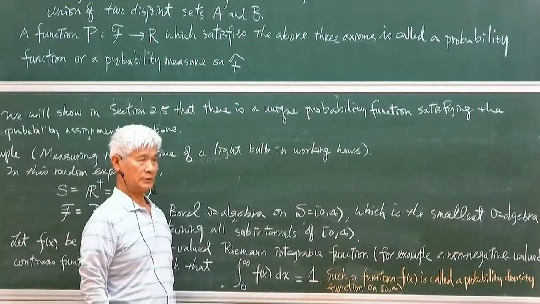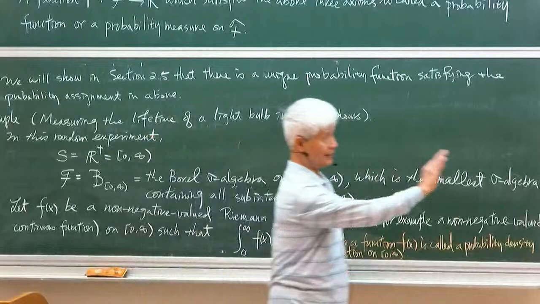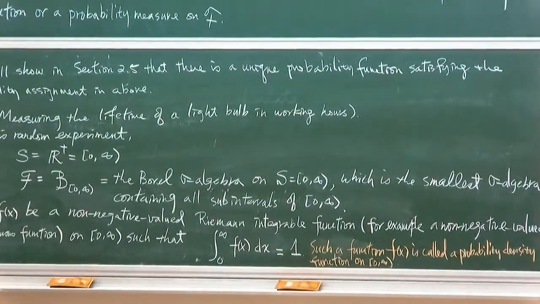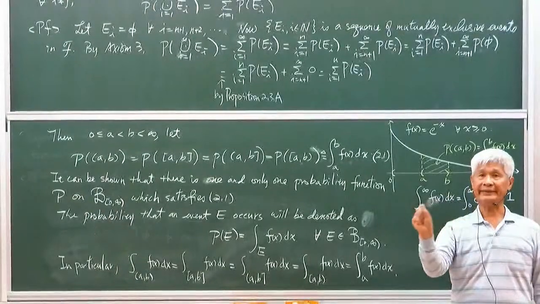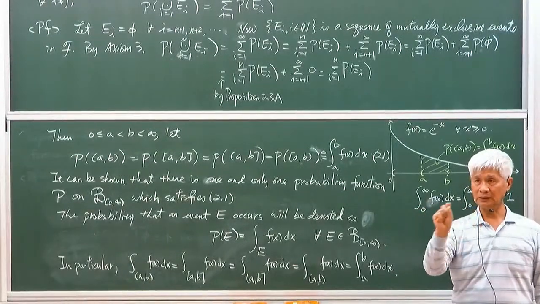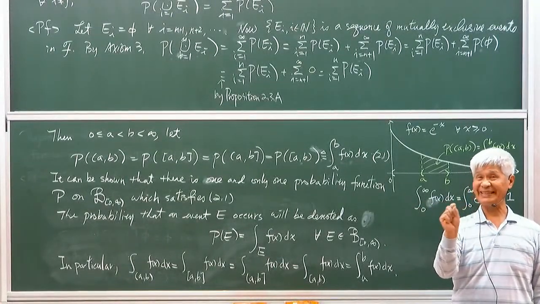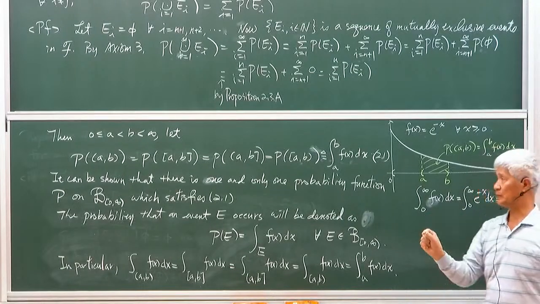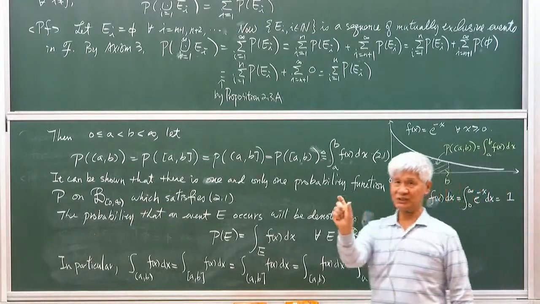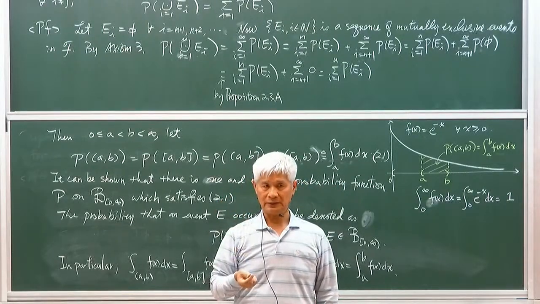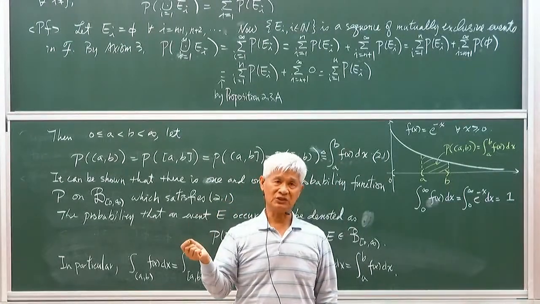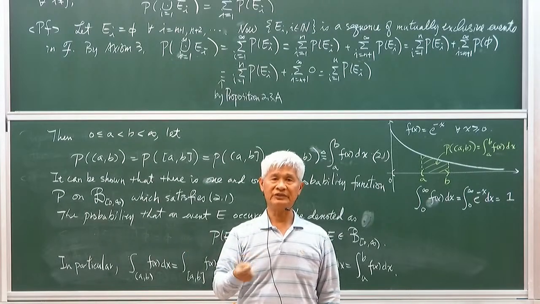It's called the probability density function because it's just like a density. You have to integrate over the density function to give you the probability. Just like the mass density function, if you consider a wire that has mass density, and you want to know the mass of a section of the wire, you integrate over the mass density function, as you learn in physics.